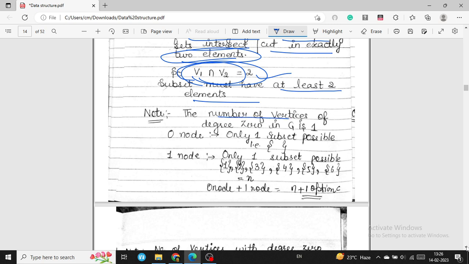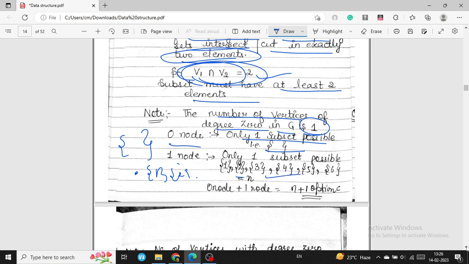The number of vertices of degree 0 in a graph is n plus 1. If you are given 0 nodes, no node, then you can only draw the null subset, which means only one subset is possible, that is null. When you are given one node, it will be 1, then 2, 3, 4, 5, 6, up to the number of nodes.